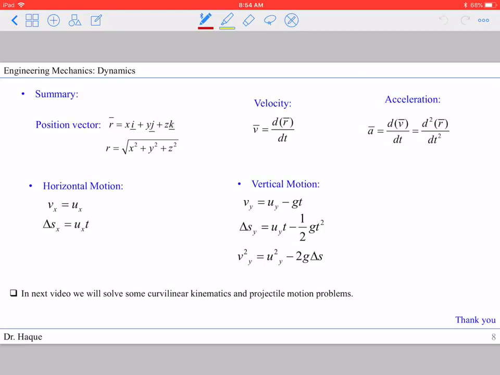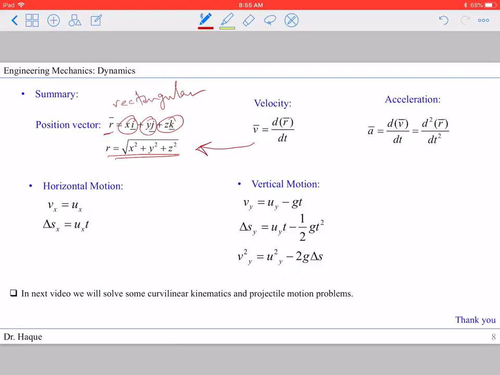Okay, in summary, we have studied the position vector, which for a rectangular coordinate system can be represented by x, y, and z in i, j, k unit vectors. The magnitude we can find using this formula. The velocity and acceleration follow the same format.